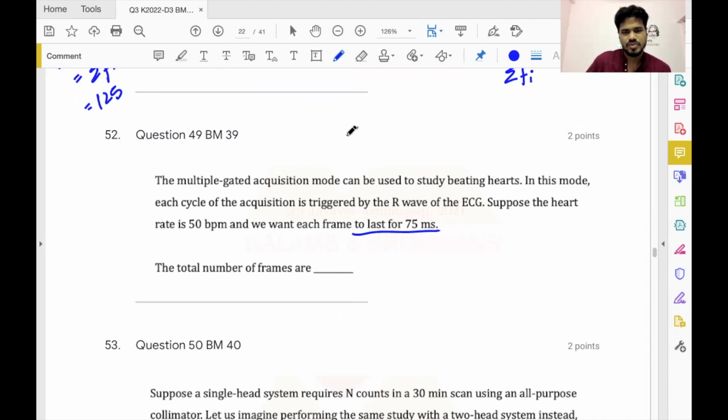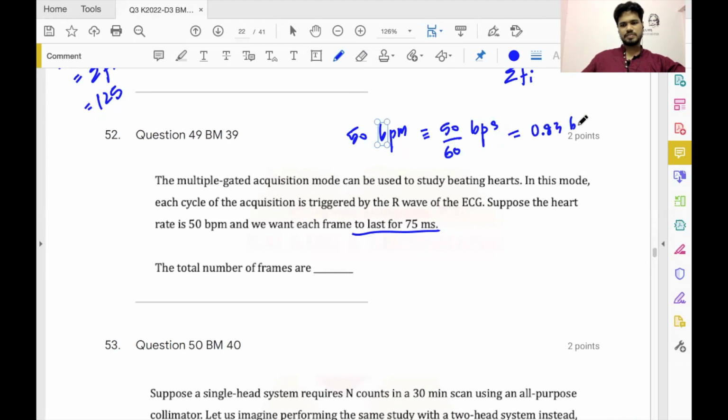So 50 beats per minute corresponds to 50 by 60, since each minute has 60 seconds, so 50 by 60 beats per second. Per second we have about 0.83 beats.